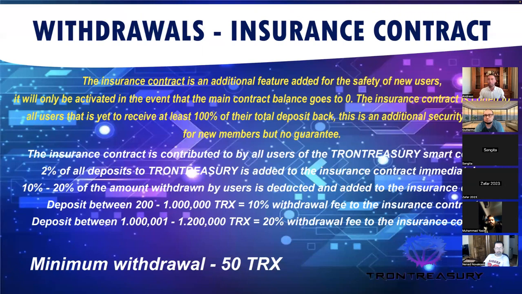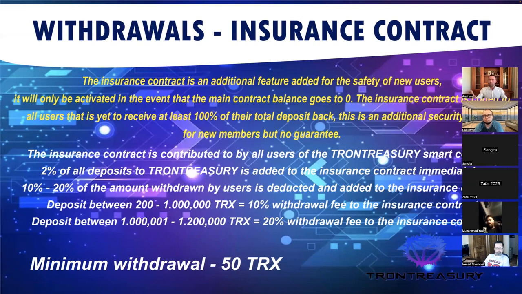You are most likely in profit, right? So once you receive 220% and you're withdrawing that, 10% of that will be deducted and go into the insurance contract. You have earned, you've gotten profits. So when you're taking that out, you are contributing a little bit back to the insurance contract to make sure that new members have security for themselves.